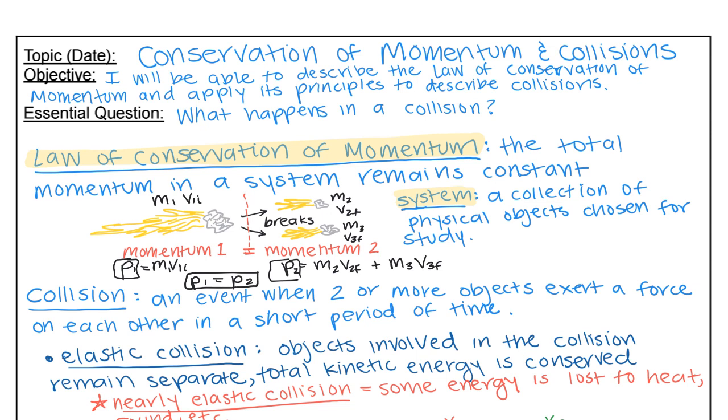So even though this larger comet broke up into two smaller comets, what the law of conservation of momentum says is that even though there's a change in mass, even though there's a change in velocity, the total momentum in this system, even though it breaks up into two, is going to remain the same.